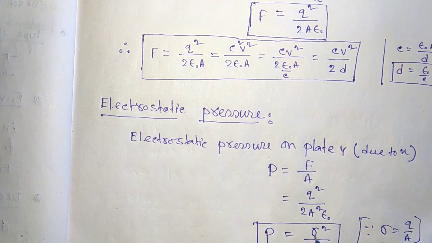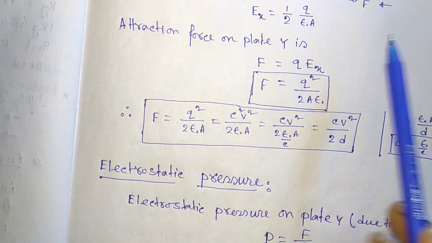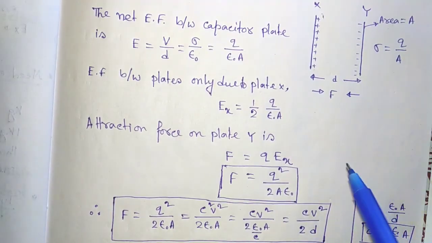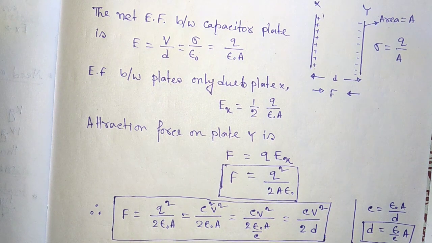So electrostatic pressure P equals sigma square by 2 epsilon naught, and the force between the two parallel plate capacitor has the expression F equals Q square by 2A epsilon naught, or we can write it the other way.